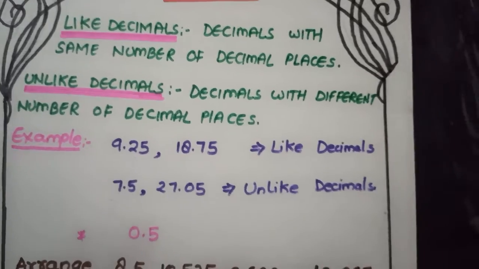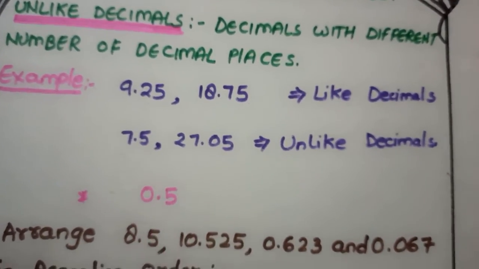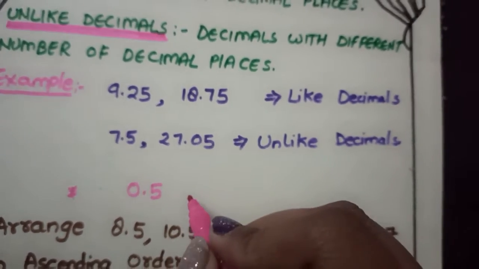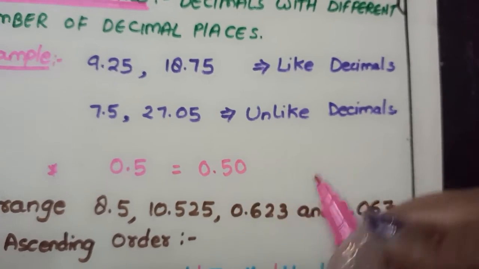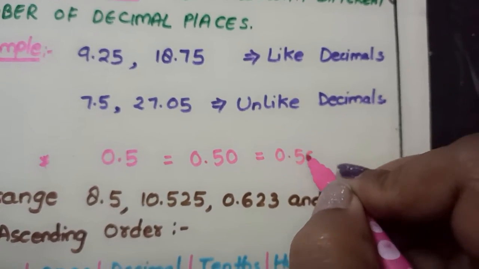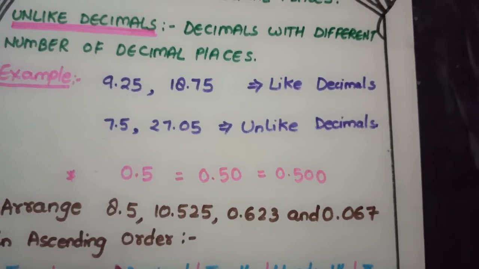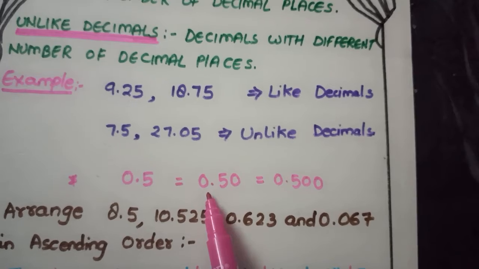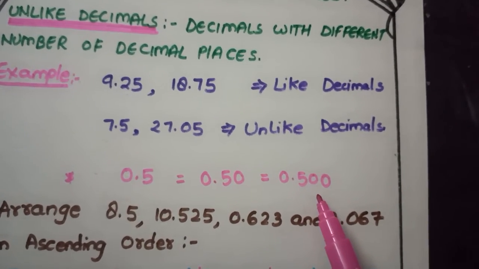Now one more important point, let us see. Here we have a decimal number 0.5. And if I write it again as 0.50, or once more I will write it as 0.500, the value of this decimal number will not change even after writing it like this.